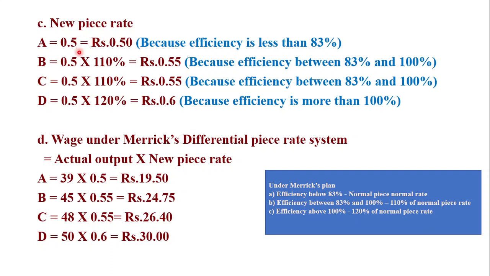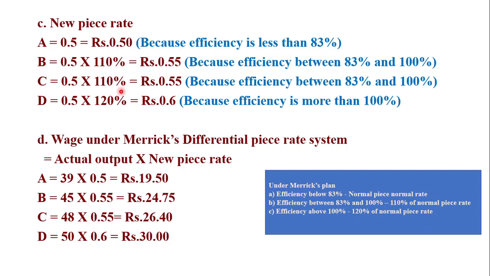For worker A, nothing will come, because efficiency is less than 83%, so normal piece rate. Normal piece rate is 0.5, so 0.5 is the new piece rate also. Next, for B, efficiency lies between 83 to 100, so 110% of the piece rate. 0.5 into 110% means 0.55.